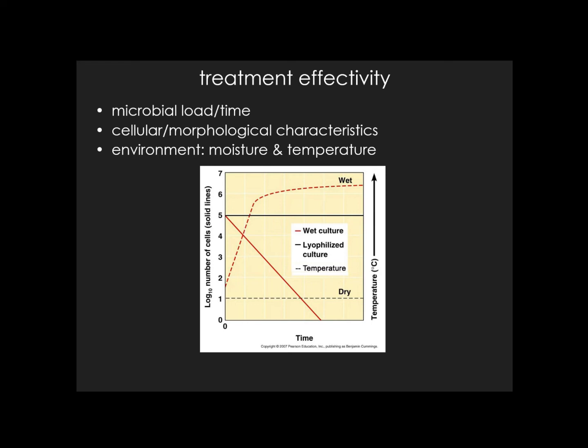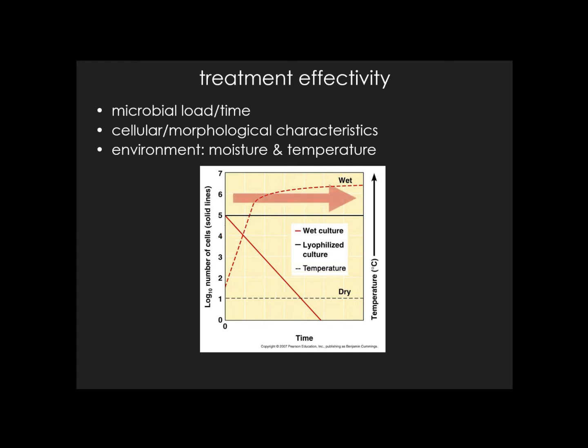One is wet, one is lyophilized, which means it is dry. And if we look at those over time, the solid red line, which is the wet culture, so in broth, reduces very quickly, very sharp negative slope. So whatever this treatment is, it's working very well.